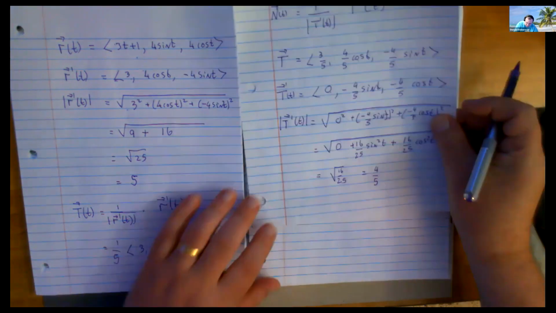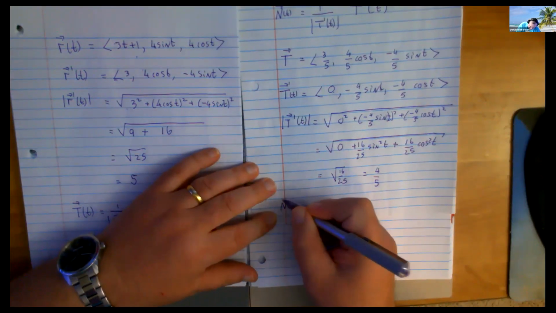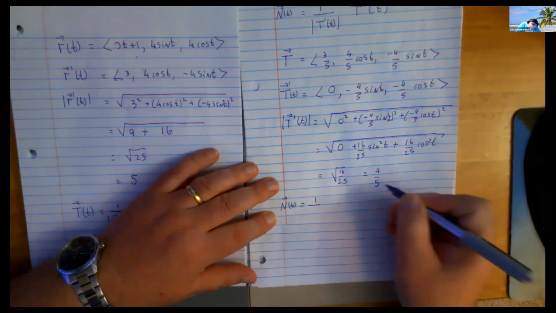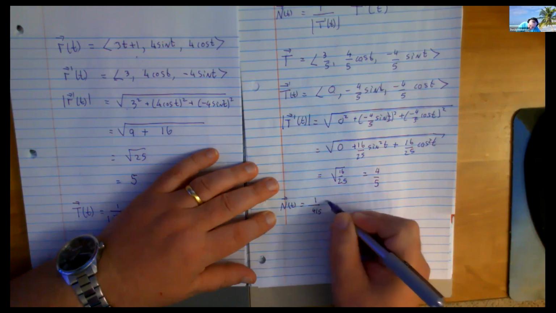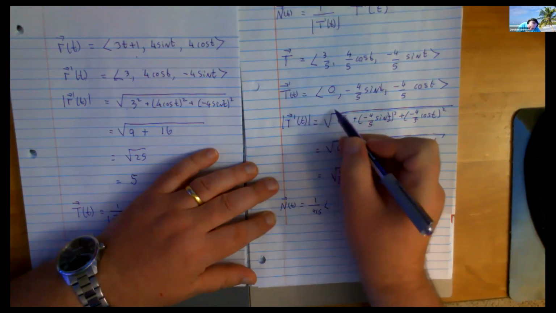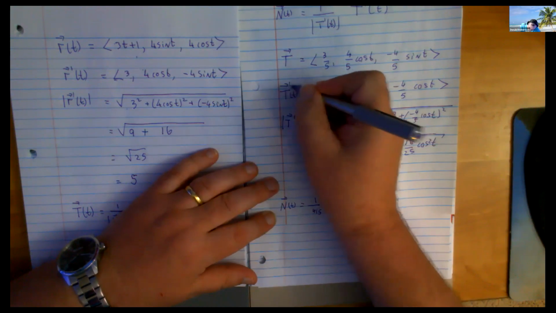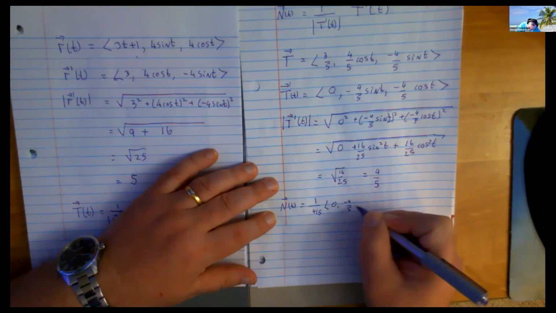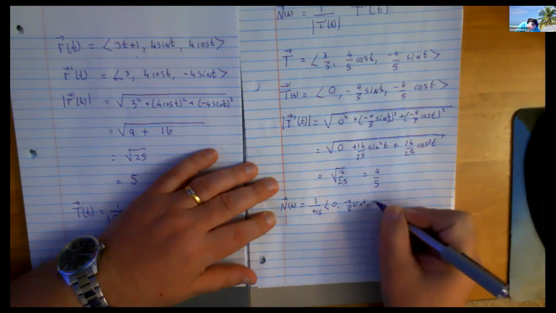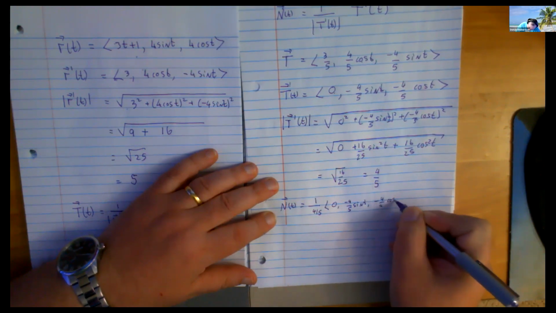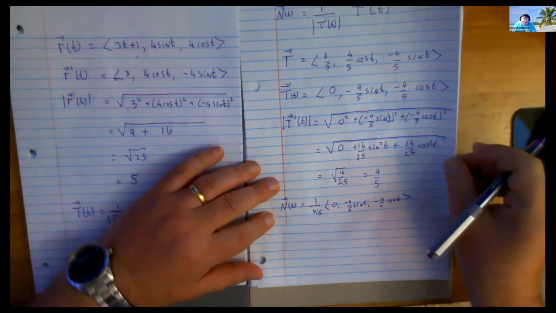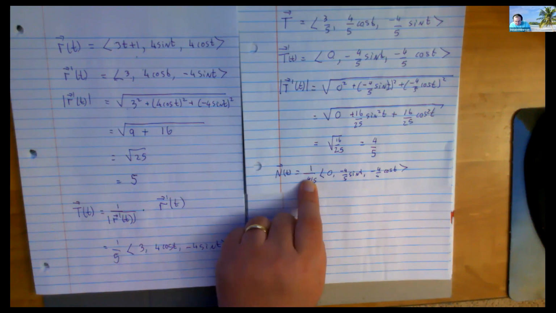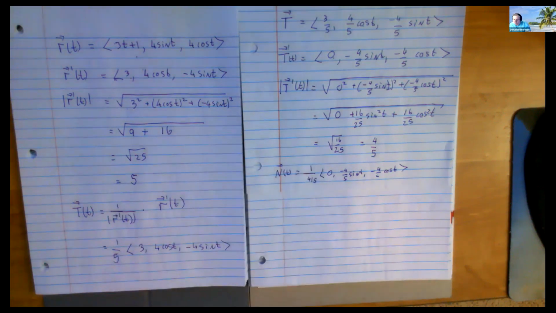So when I put these together, the unit normal then is 1 over this magnitude, which is 4/5, times the derivative vector, this guy. So it's 0, negative 4/5 sine t, negative 4/5 cosine t. I really do want to make that look prettier. Isn't 1 over 4/5 the same thing as 5/4?